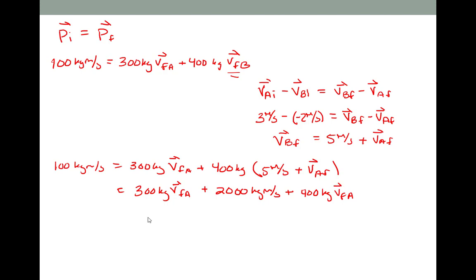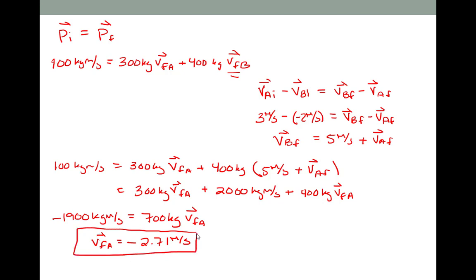I'm now going to collect like terms. So that means the 2,000 goes over to this side, becoming negative 1,900. And then I have 700 kilograms times V final A, which in other words means that V final A is going to be a negative 2.71 meters per second.